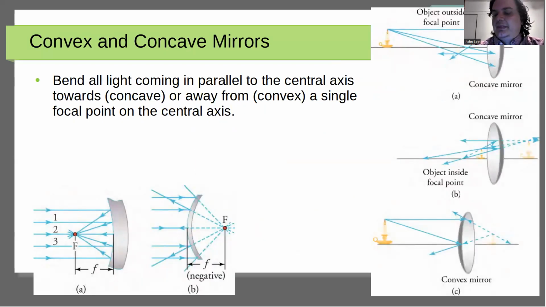So this is the basics of how mirrors work. And then what we do instead, or what we do to make them more useful and practicable in physics, is we make spherical or parabolic mirrors.